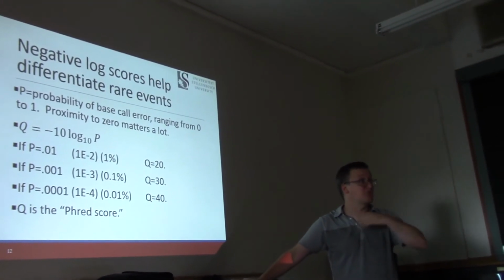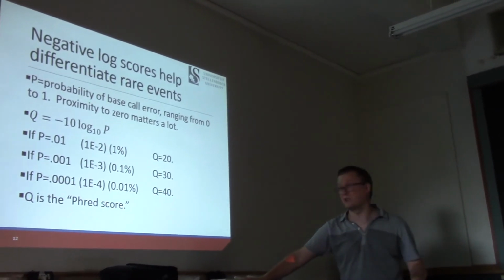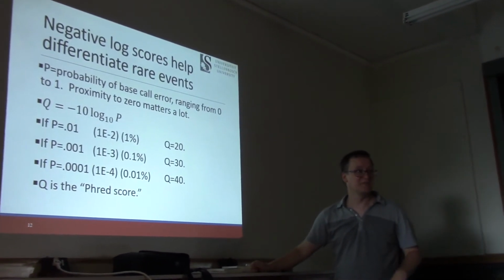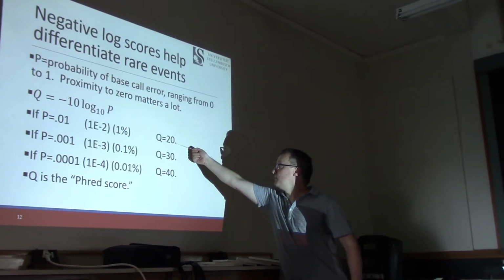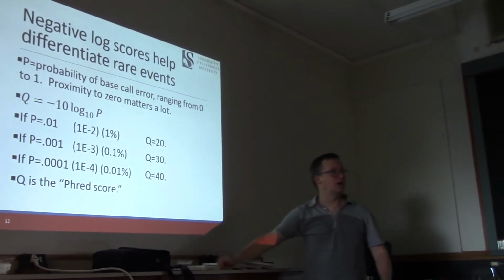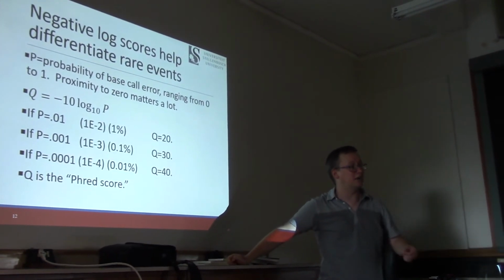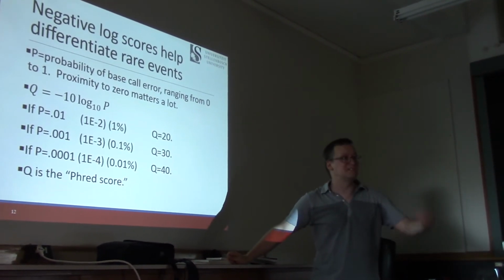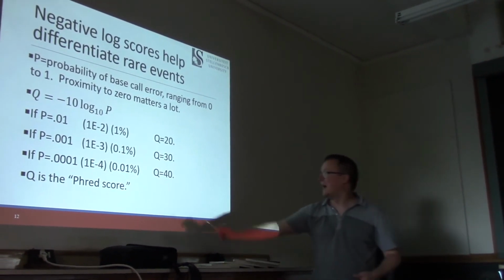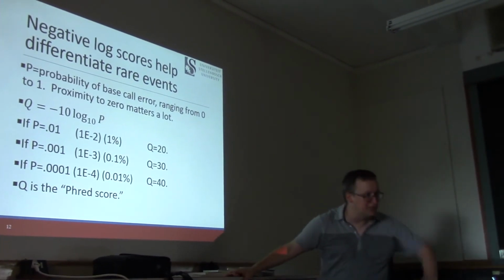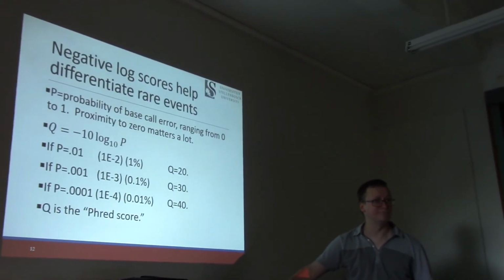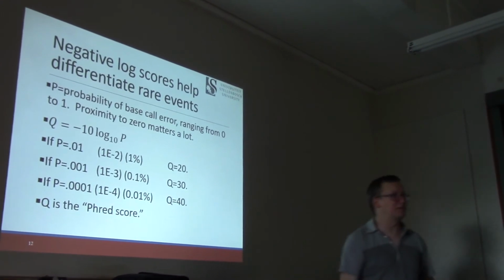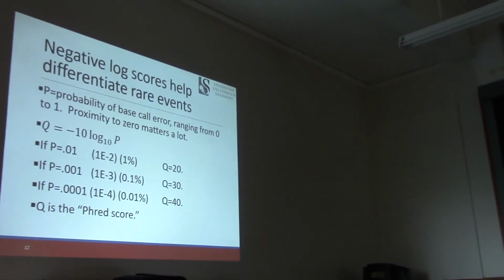But because we have so many sequences to work with from a modern sequencer, we can do that. All right, so the Phred score gets higher and higher. It rises by 10 for every 10 times less likely error is. A high Phred score means a very low probability of error. And yeah, if you get below 20, don't even think about looking at that nucleotide twice.